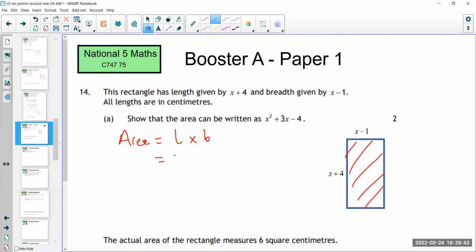Length is x minus 1 times x plus 4. Actually, that was one of them that we did earlier on, no? And that would be x squared minus x plus 4x minus 4. And that is exactly x squared plus 3x minus 4. And you just write as required.